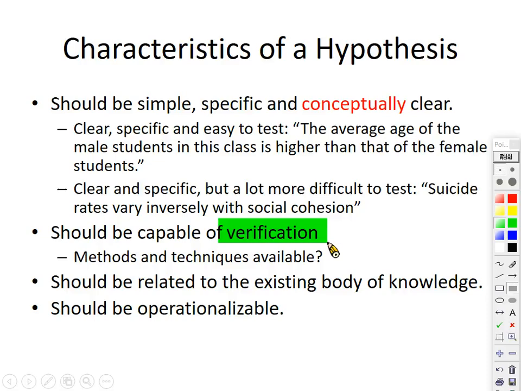So now let's ask: when there are methods available to test the hypothesis, and you don't know them, will you just simply say, oh, I quit? No, you don't quit. You should say, I will go review the literature, right? Because you can educate yourself.